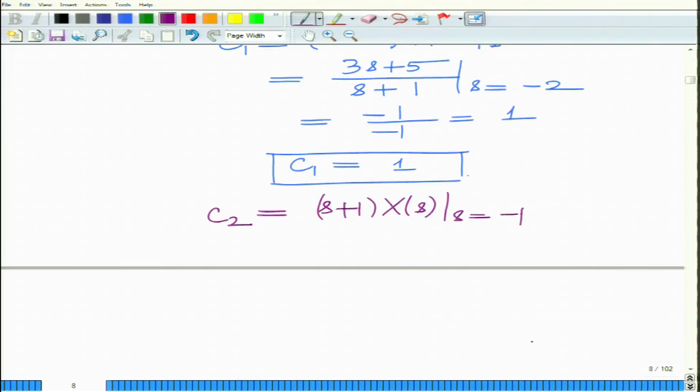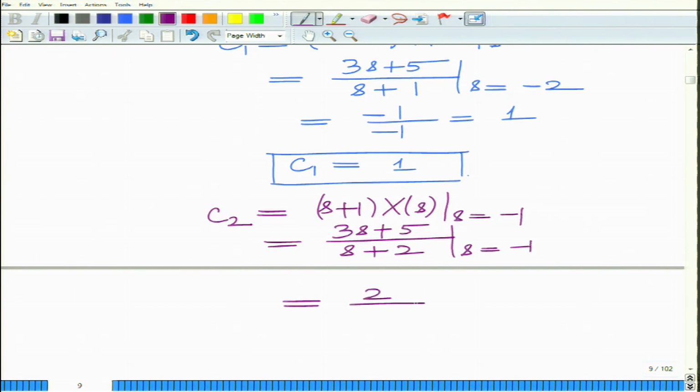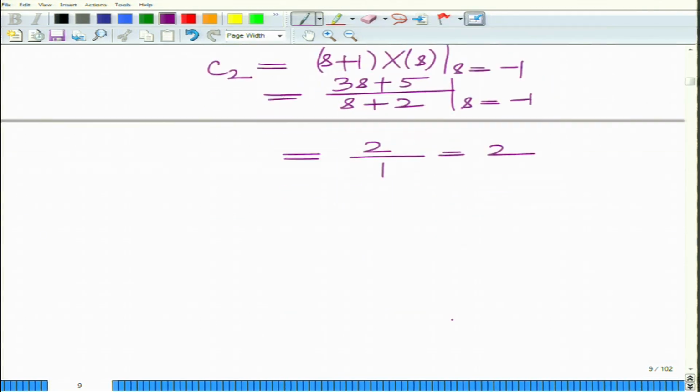You can see this is equal to (3s plus 5) divided by (s plus 2), evaluated at s equal to minus 1, which is basically 2 divided by 1, which is equal to 2. Okay. And therefore, C2 equals 2.